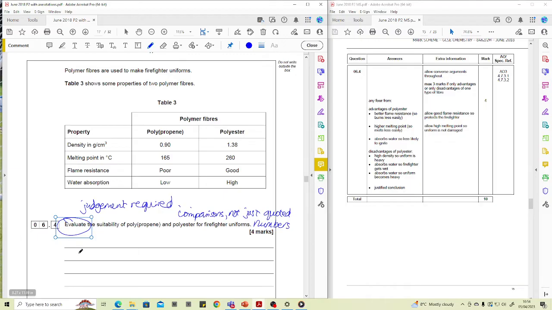Okay, so we can say that polyester is denser, so harder to wear as more heavy. Heavy uniform.